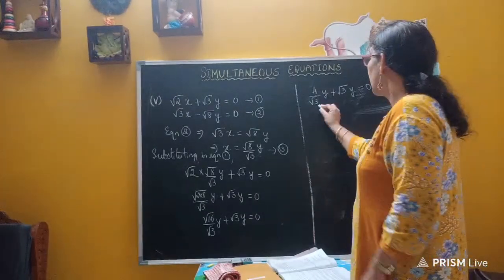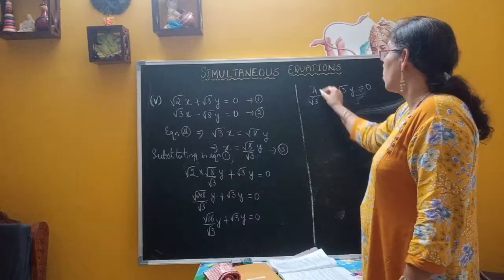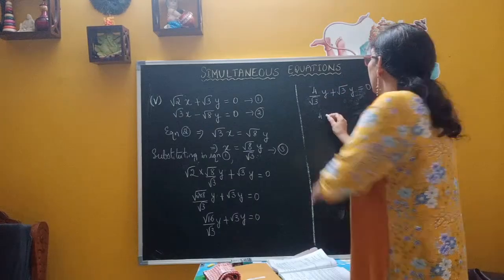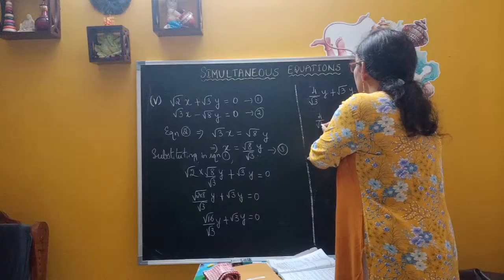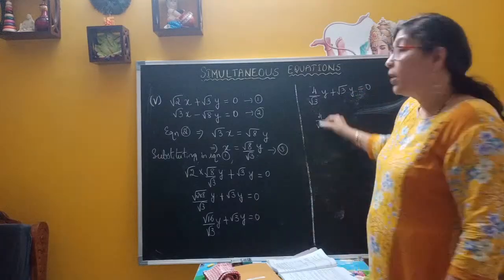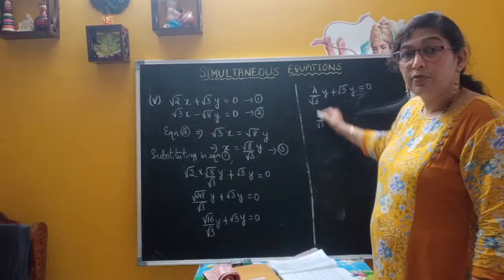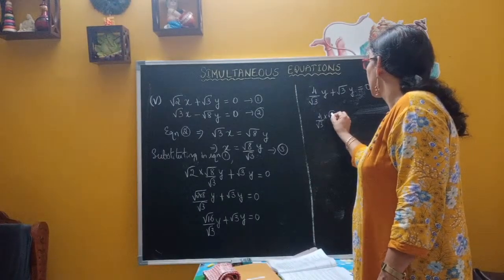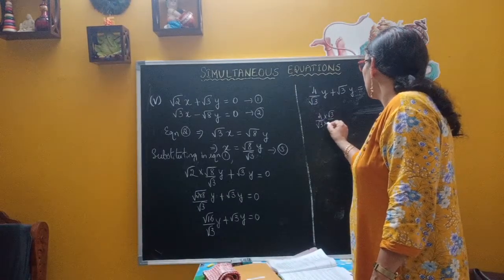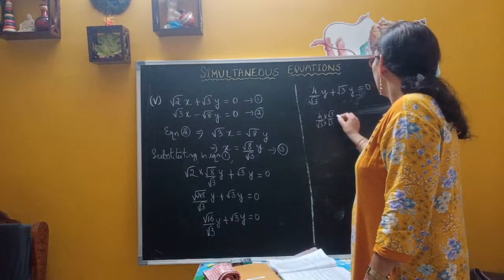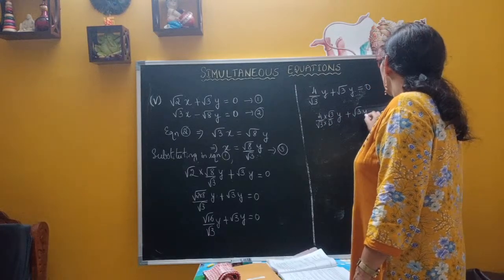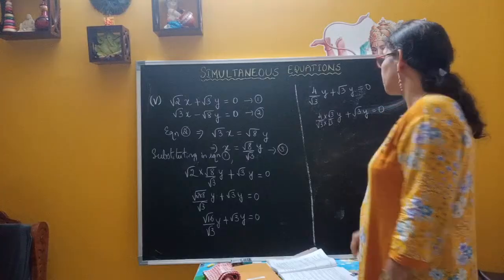So I write this as 4 root 3. How to rationalize? We multiply both the numerator and the denominator by the rationalizing factor, so into root 3, here into root 3, y plus root 3 y is equal to 0.